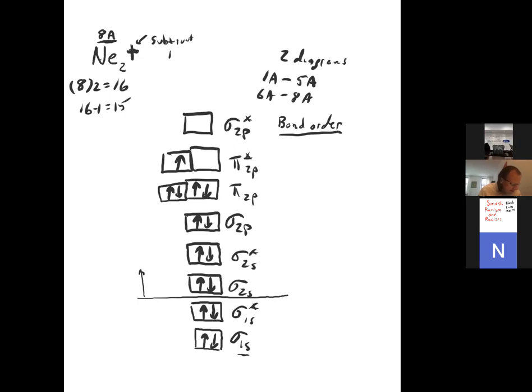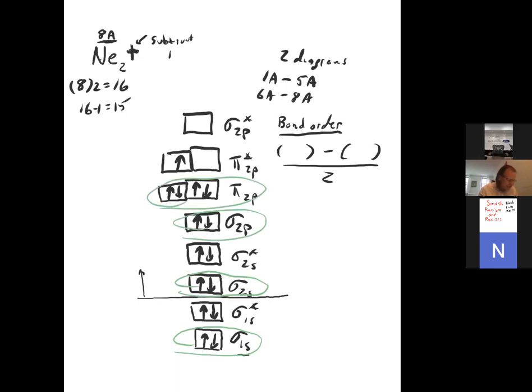So let's count up our bonding electrons, subtract the antibonding electrons, and then divide by 2. So bonding electrons, I'll do those in green. Bonding electrons are the ones that don't have the asterisk.